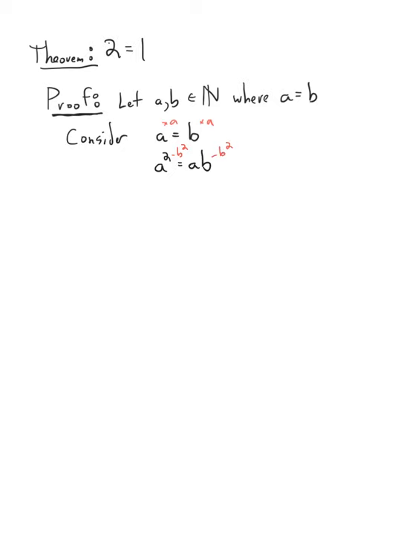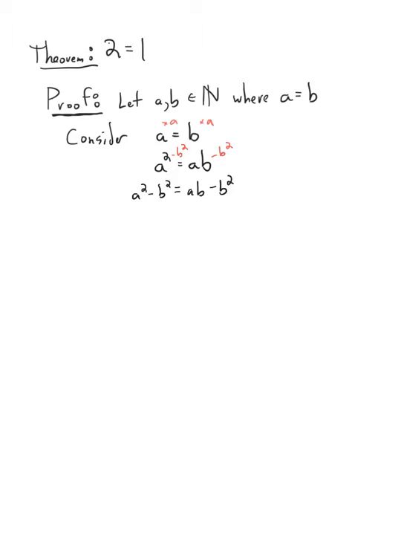I can do that, no problem. Whatever I do to one side, I can do to the other, pretty much. So we get A squared minus B squared equals AB minus B squared. Okay? Everything looks good so far.